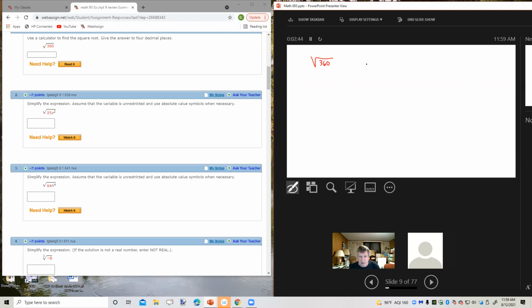Okay, so now on my calculator, it's a second function, so I'm going to push the second function key and then the x squared key, which has the square root button. So second square root, and then this shows up. I'm going to put in 360 and close it up and push equals.